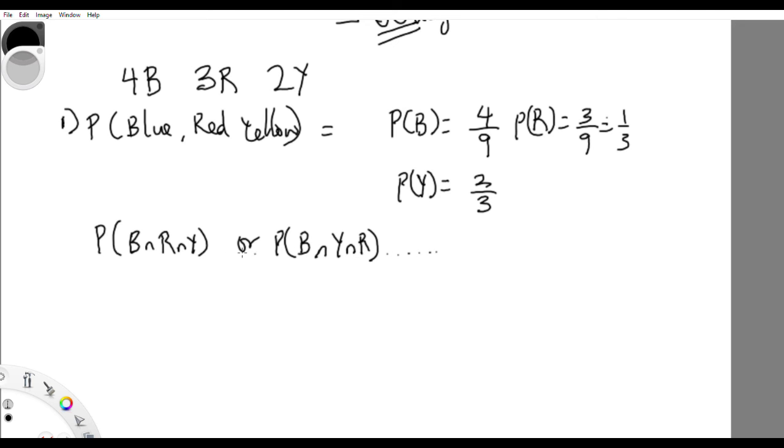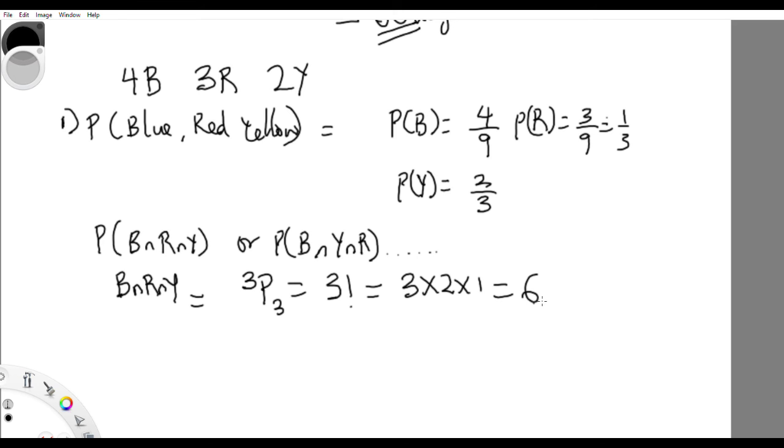But instead of wasting your time counting, let's find the number of ways in which you can rearrange blue, red, and yellow. How many ways can we rearrange this? That's 3 permutation 3, which is still the same as 3 factorial. And that's 3 times 2 times 1, which is 6. I remember that is the 6 we got in the previous question.